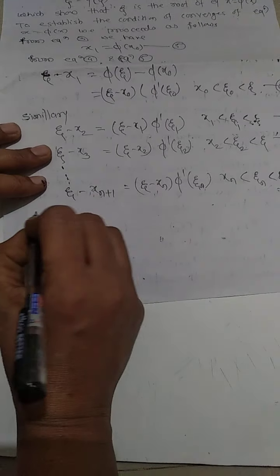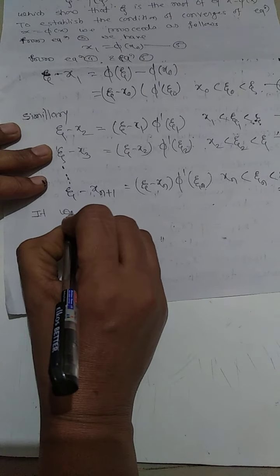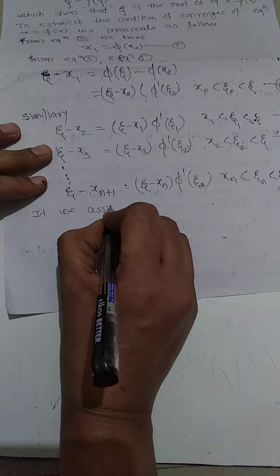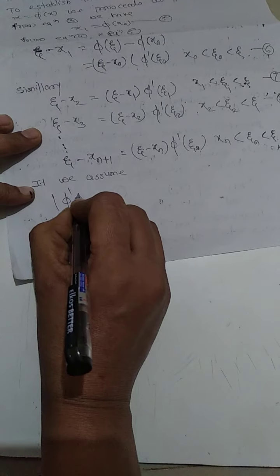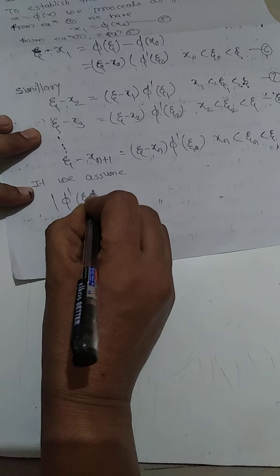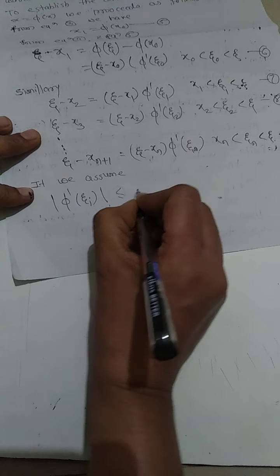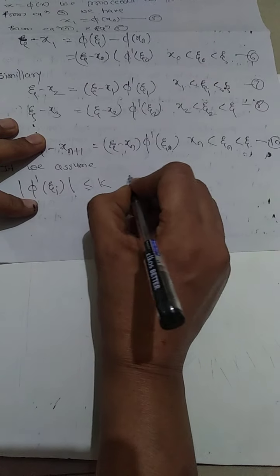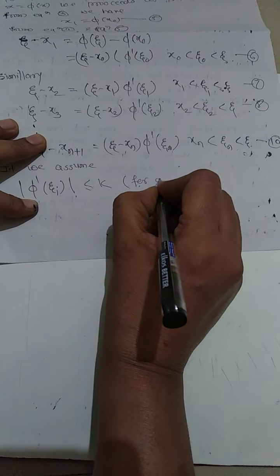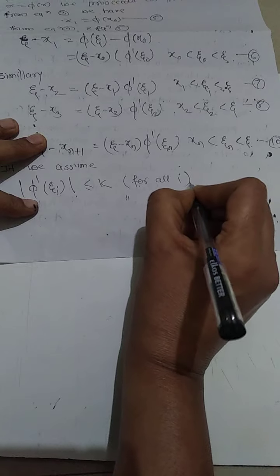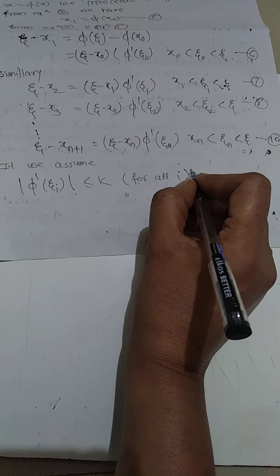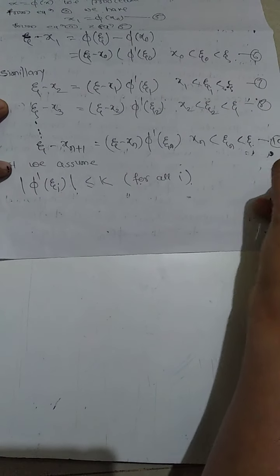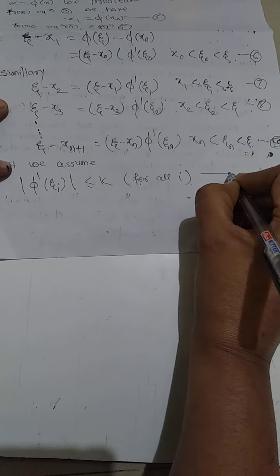And we assume mod of phi dash of xi i is less than k for all i. That is equation number 10.